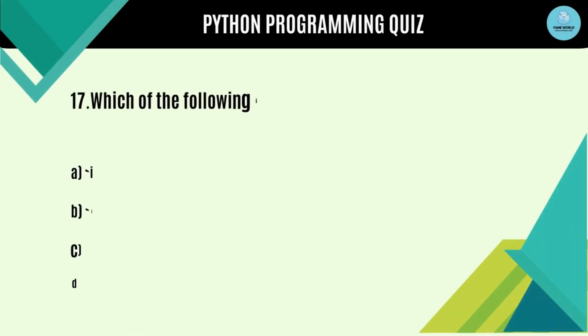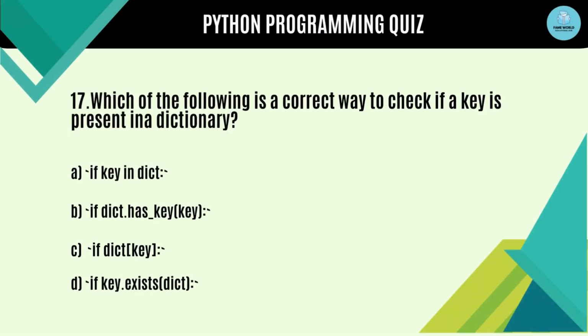Which of the following is a correct way to check if a key is present in a dictionary?